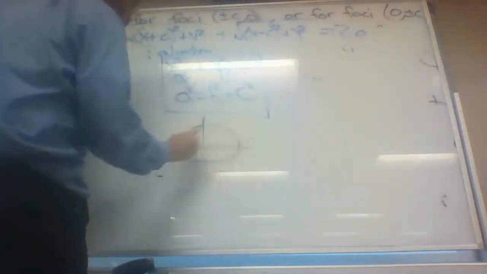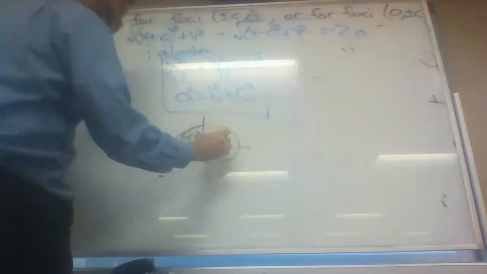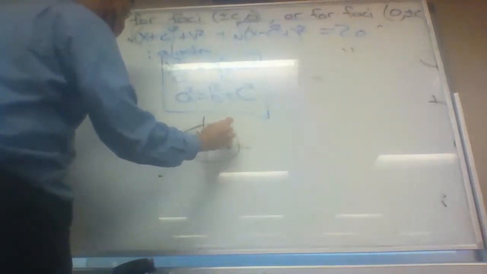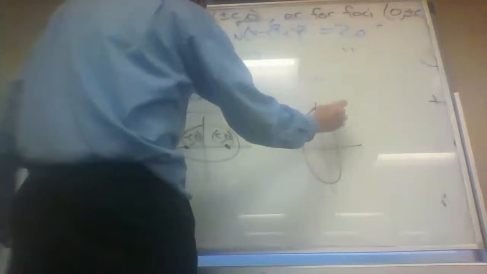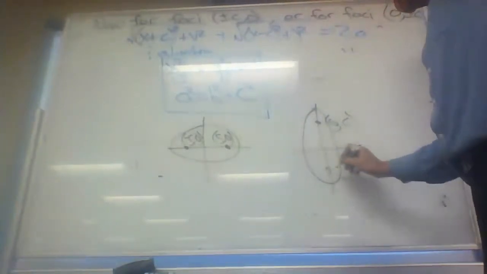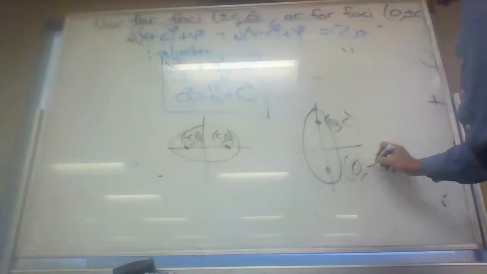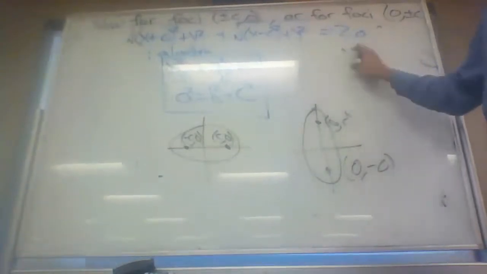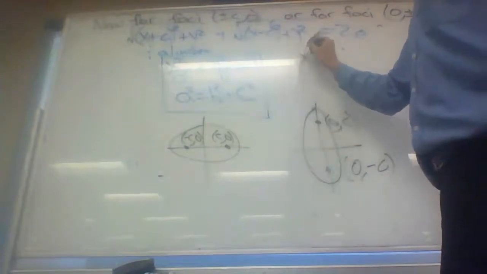Now, instead of looking like this, the one we had, which was oblong this way, with (-c, 0) and (+c, 0), now we're going to have an ellipse that goes longer this way. (0, c) and (0, -c). I'm trying to stand out of the way of the camera for the people online. In this case, you get exactly the same kind of thing.